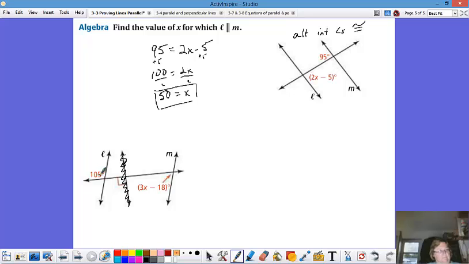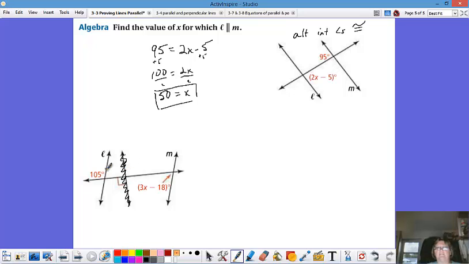And folks, I don't think these two angles are any one of our kinds, okay? They are not corresponding because they're not both on the same side of the cut through. They are not interior angles because one's outside, one's inside. So I don't think this is going to be any one of our kinds.